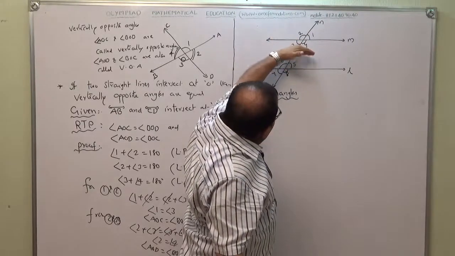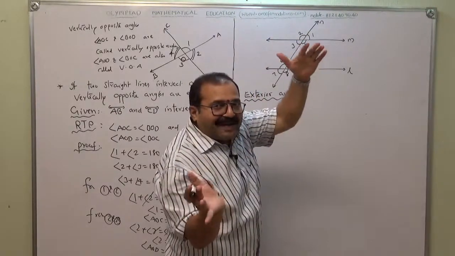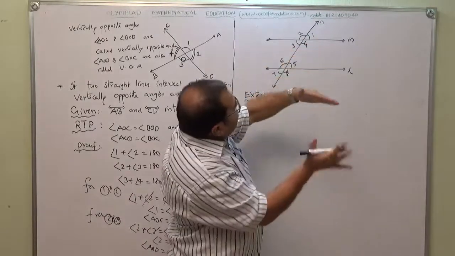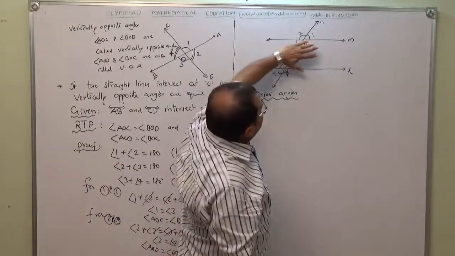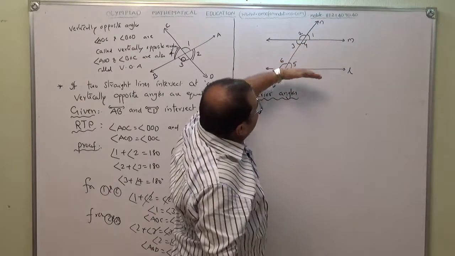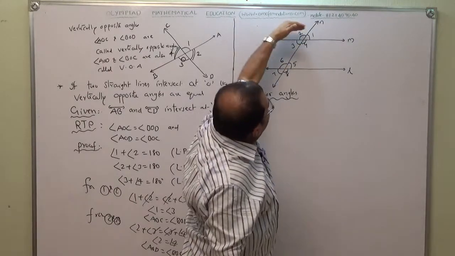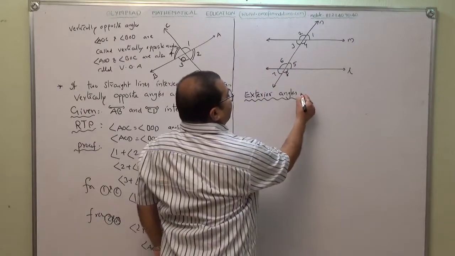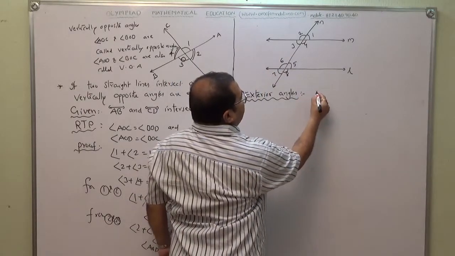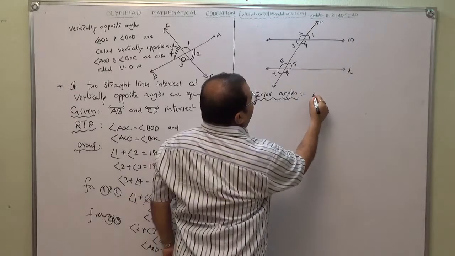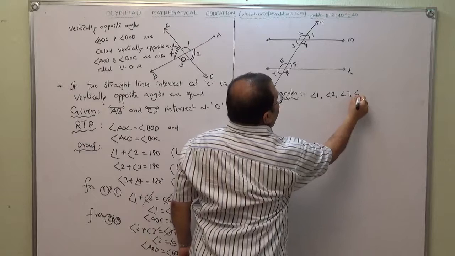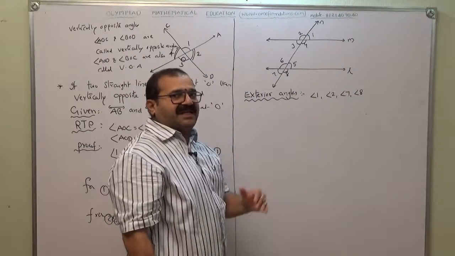These 3, 4, 5, 6 are in between L and M, that means interior to L and M. This is the interior part. So what are the exterior angles? 1, 2 and 7, 8 are exterior angles. Simply I will write it: angle 1, angle 2, angle 7, angle 8. These are the exterior angles.